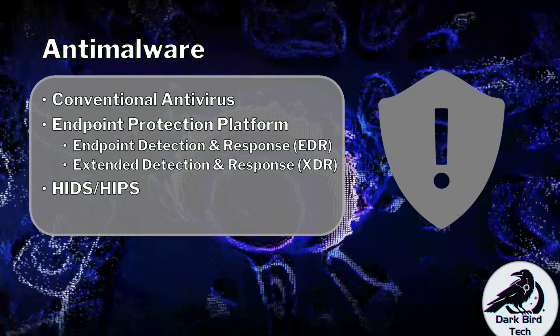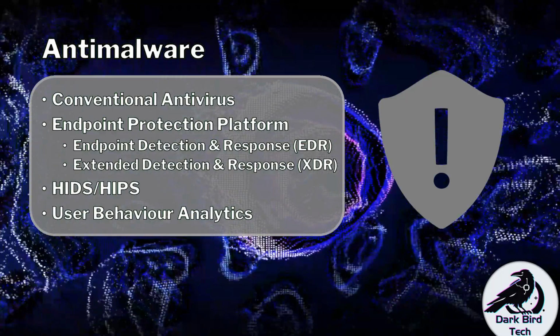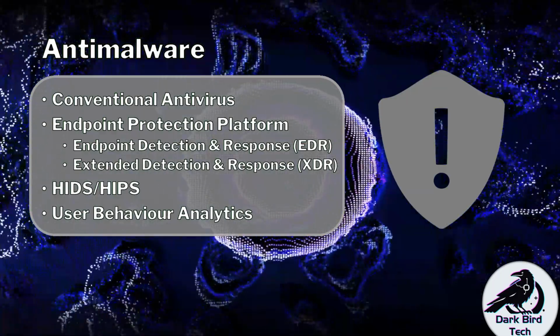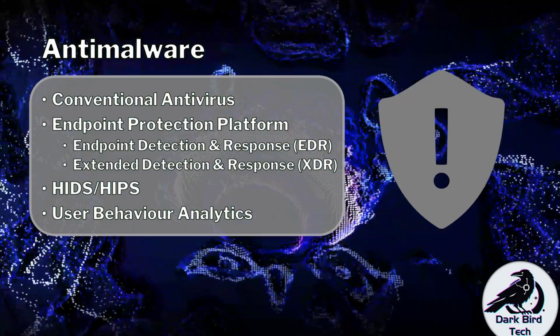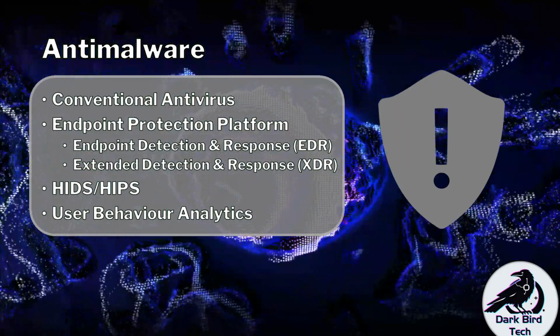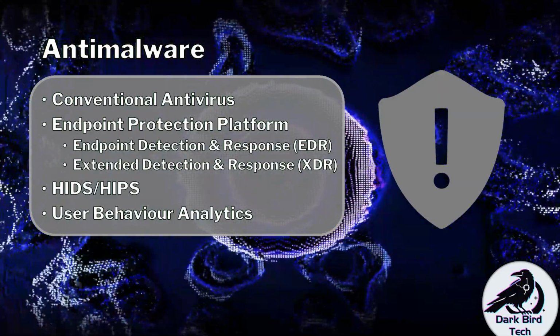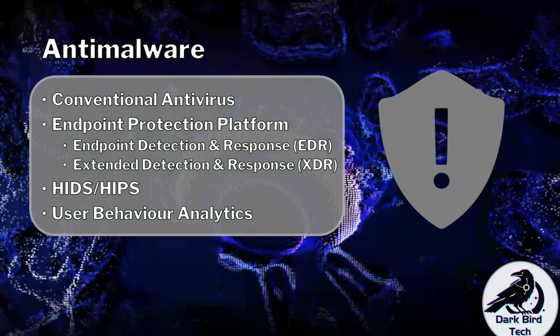Another thing we can look at as well is user behavior analytics. Monitoring and comparing user activity to baselines and benchmarks, and when deviation starts to occur, that alerts us and draws our attention. The whole idea here is humans are creatures of habit.